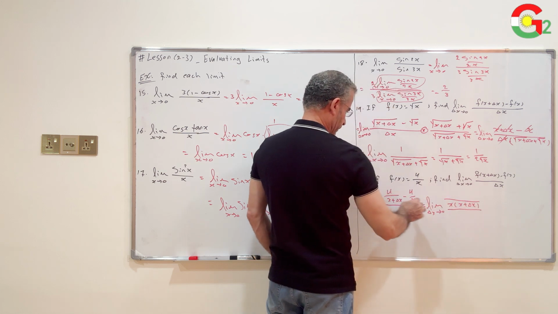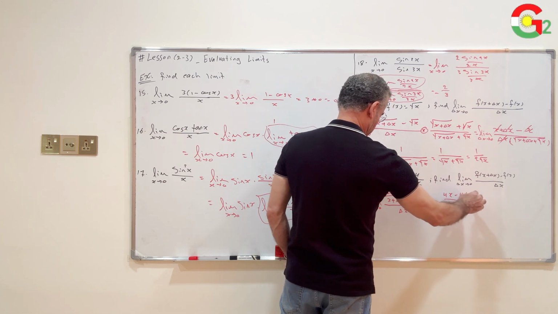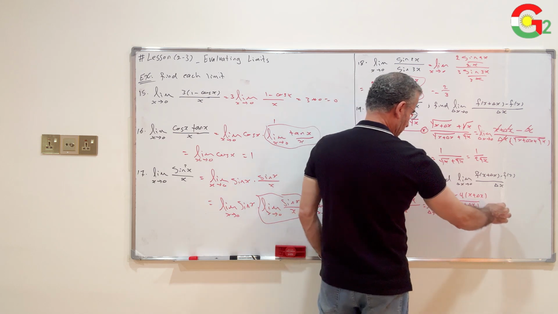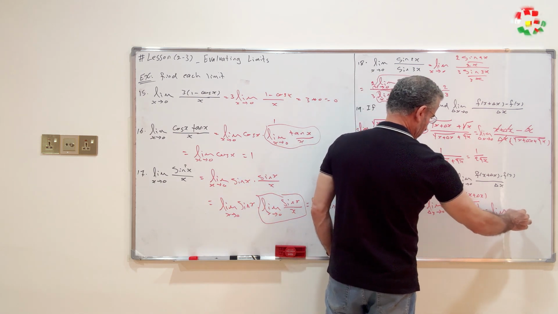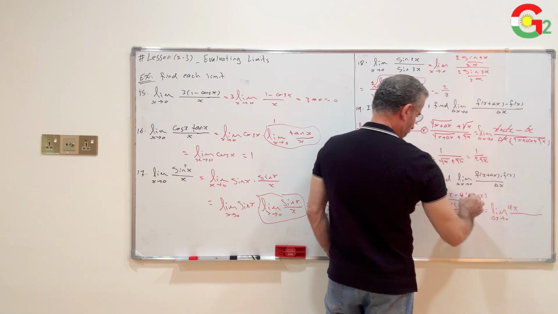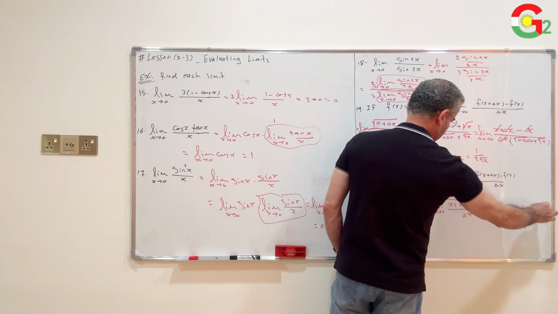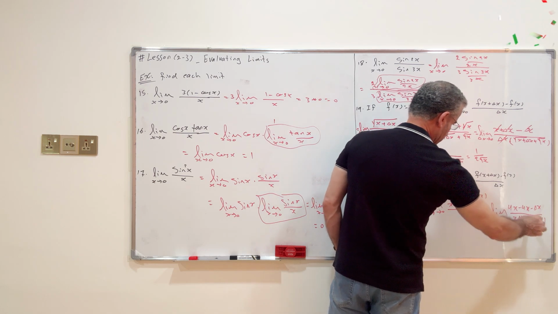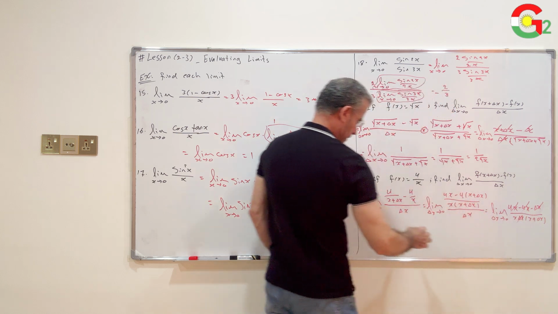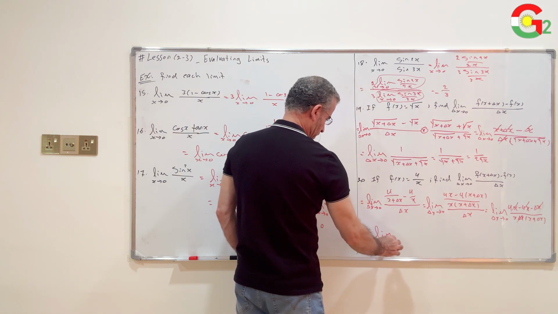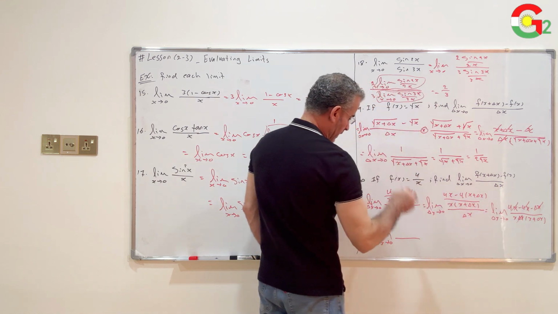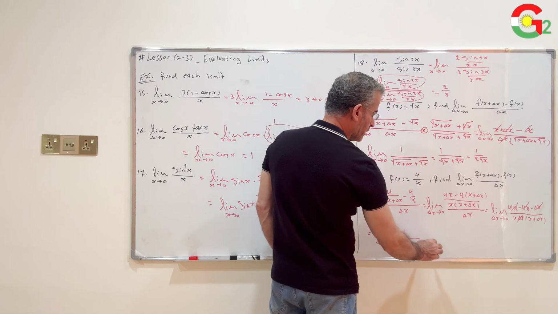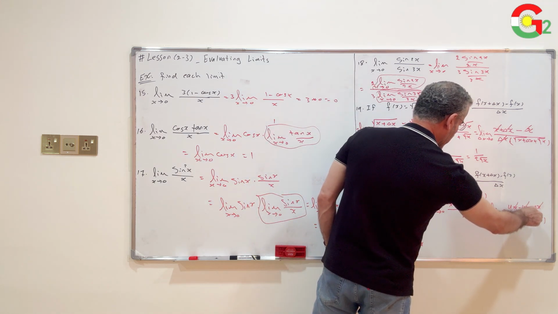The numerator will be 4x minus 4 times x plus delta x, over delta x, equal to the limit as delta x approaches 0 of 4x, open this bracket, minus 4x minus 4 delta x, over x times delta x times x plus delta x. 4x minus 4x cancels, leaving negative 4 delta x.